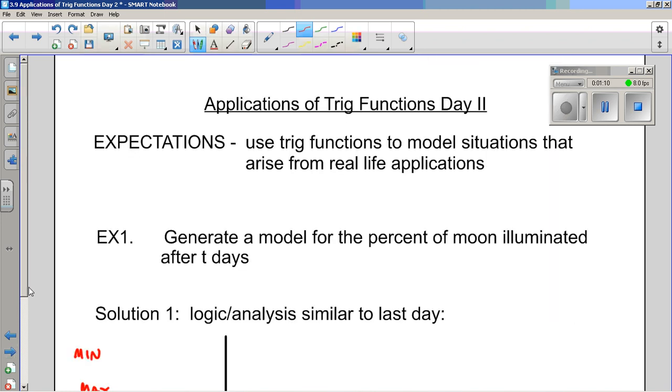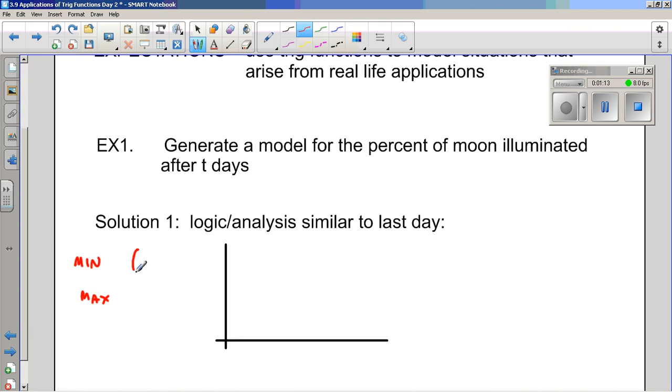So if I go back to my model here, the minimum was after day 8, it was 0%, and the maximum was at day 23, 100%. So this is day along the x-axis, and this is percent illuminated. After day 8, it was 0, and at day 23, it got up to 100%.